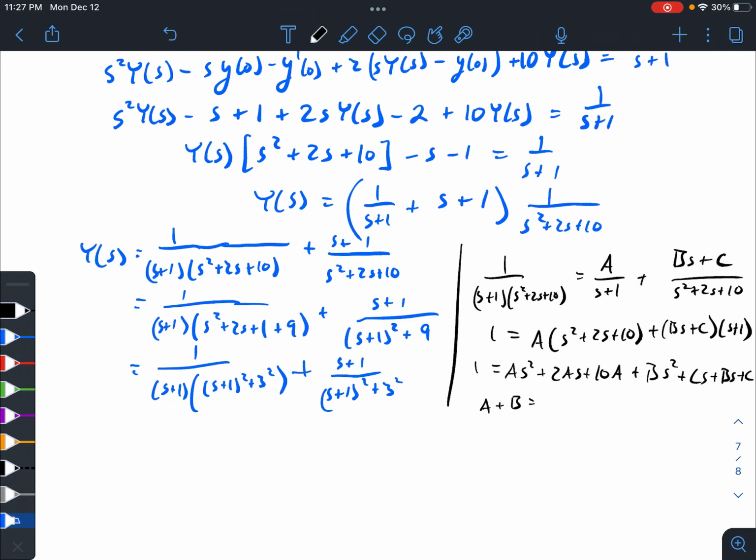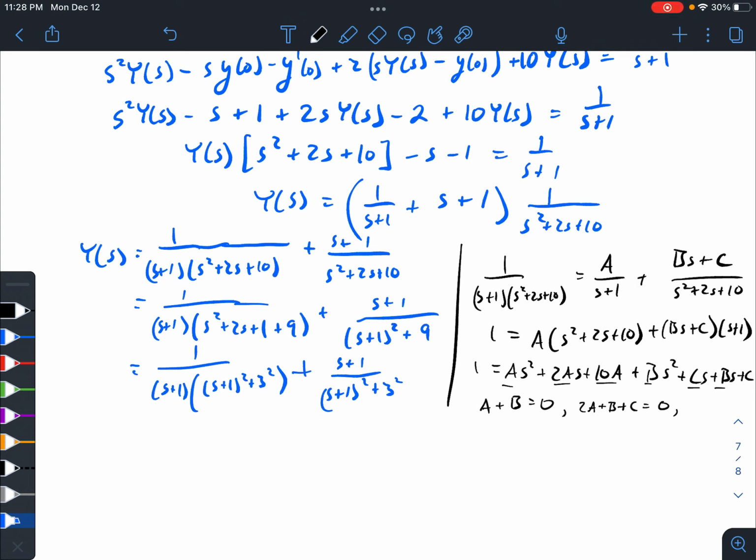What are the equations we get from this? We get a plus b gives us 0. What about the s terms? 2as plus c plus b. 2a plus b plus c, that equals 0.